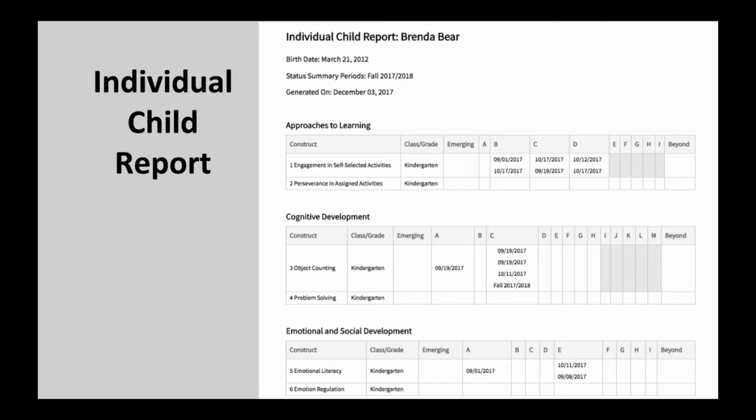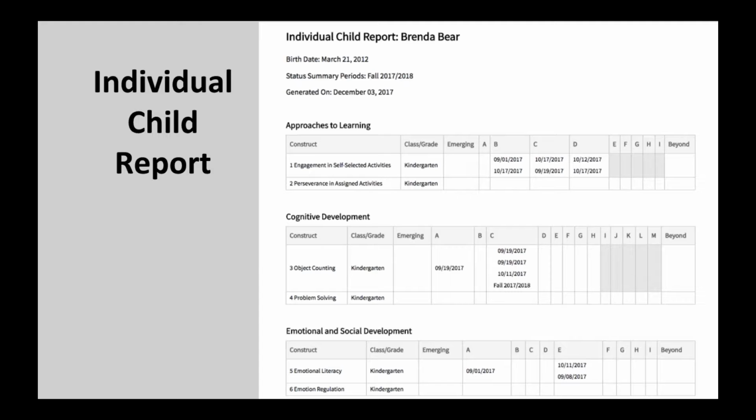For example, although you can't see it on this particular screenshot, oftentimes the crossing midline construct progression in the health and physical domain is one that students consistently achieve at the highest skill level on the construct progression early on in the kindergarten year. So once a student is consistently displaying this level of skill, there's no need to have the student continue to focus on activities that will help him achieve this skill.